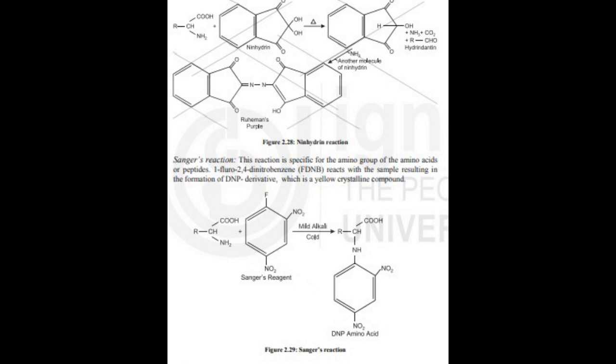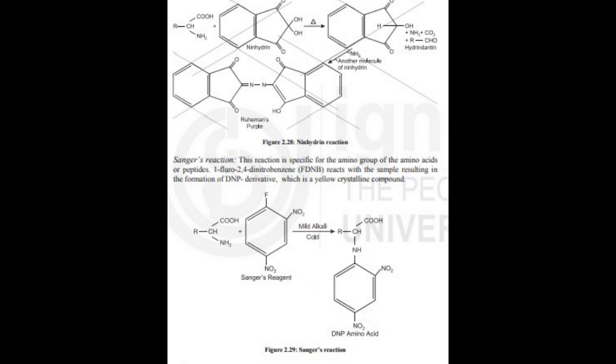When it reacts with amino acids, oxidative decarboxylation results in the formation of CO2, NH3 and an aldehyde. The reduced ninhydrin subsequently reacts with liberated NH3 forming a blue-purple complex which has maximum absorption at 570 nanometers. Proline forms a yellow color in this reaction. This reaction is very useful for quantitative estimation of amino acids.